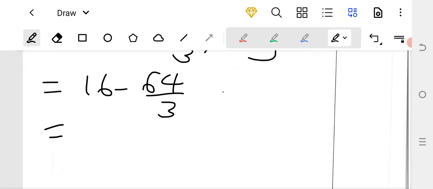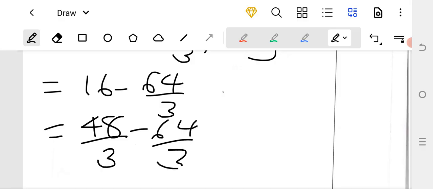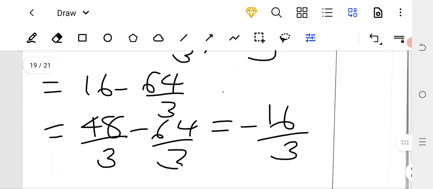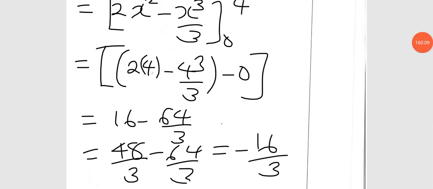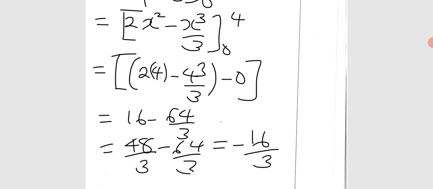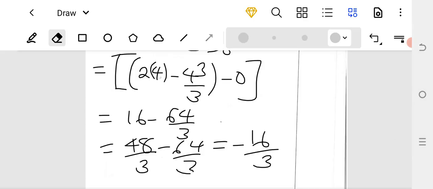So we're going to say it is equal to 48 over 3 minus 64 over 3, and then this will give you negative 16 over 3. Okay, I found a negative answer here. I'm so sorry about that. It must have been a mistake from me.